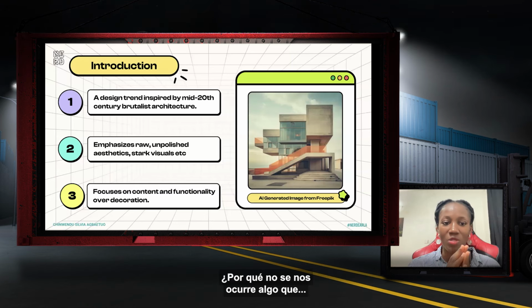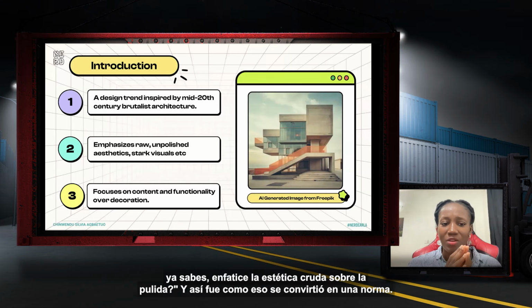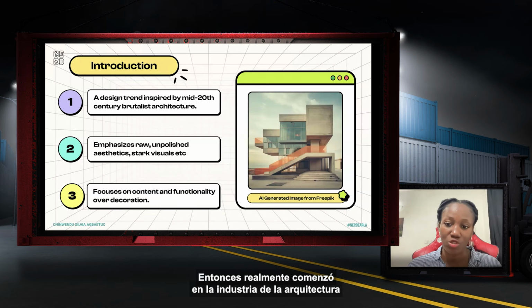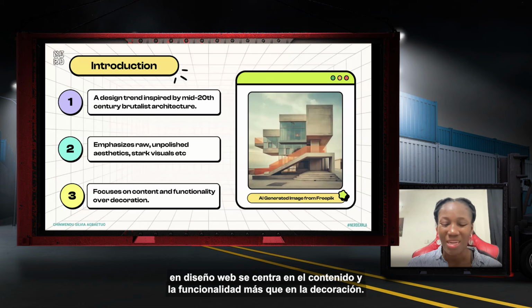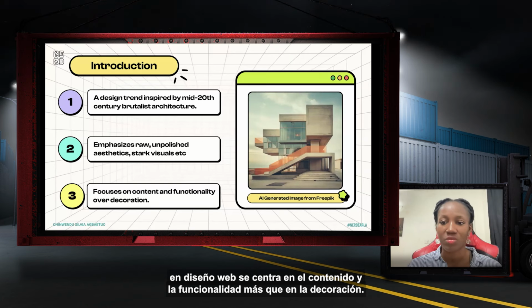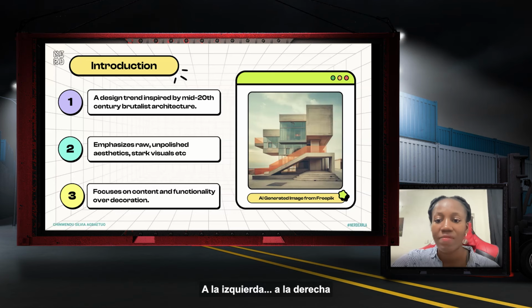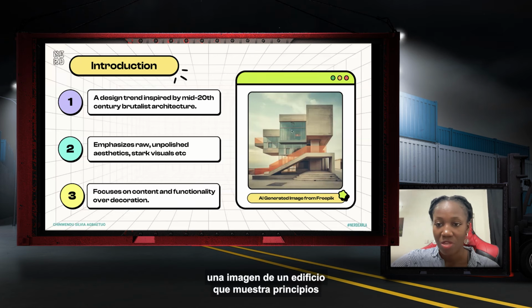Why don't we come up with something that emphasizes raw, unpolished aesthetics? And that became a norm. So it actually started in the architectural industry. And now in web design, it focuses on content and functionality over decoration. To the right of this slide, we have an image of a building displaying neobrutalist principles.